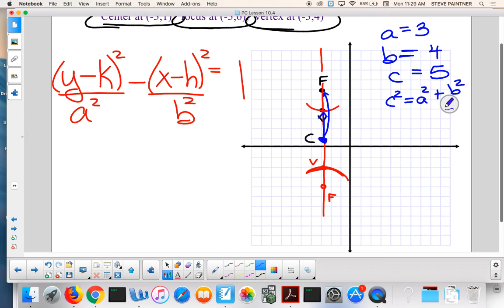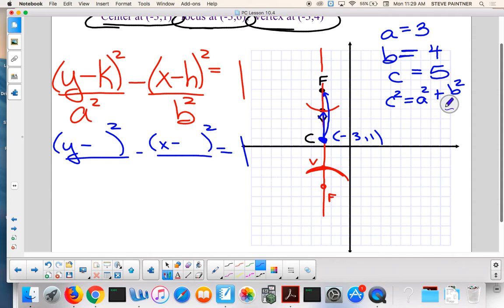All right. Just to write the equation, this shouldn't be too bad. I know the center is -3, comma, what? Up 1. So this will be y minus, x minus. What's y minus?